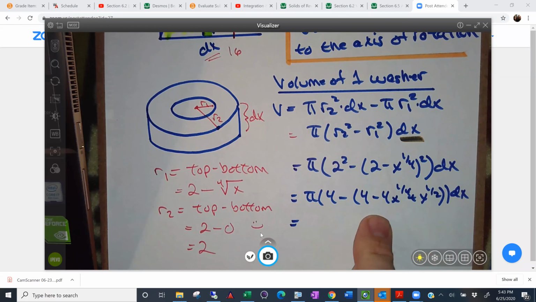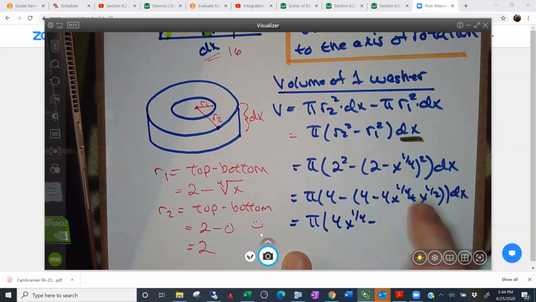I would strongly suggest that before we start working with our integration, that we simplify this. If you distribute the negative, the 4s will cancel out, right? That 4 and that 4 will cancel. That makes this positive: 4x to the 1/4 minus x to the 1/2 dx.